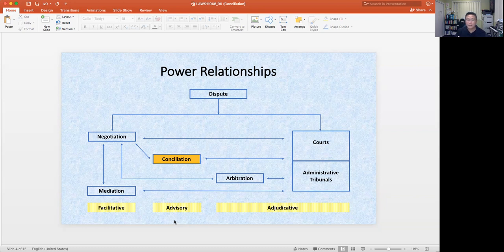It's still an advice, but it is an important advice because it comes from a third party who happens to know the law. And in a sense, when the conciliator provides advice as to the legal matter, it's almost like a warning to the parties that, this is the way I look at the case.